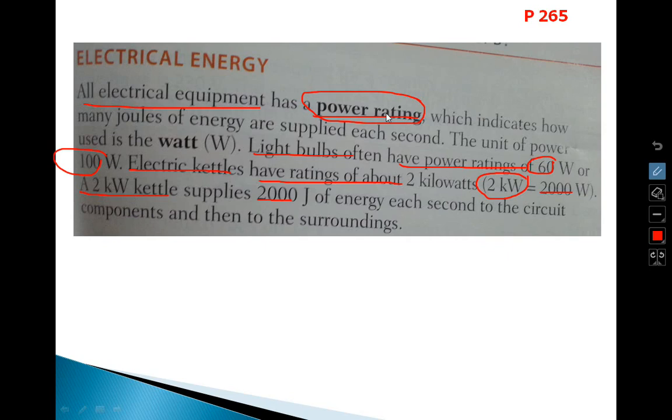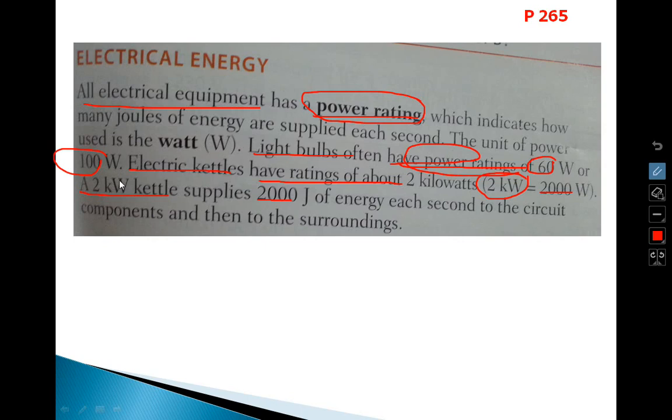So what do you mean by power rating? The power rating is an indicator of how many joules of energy are supplied each second by this electrical equipment. For example, a light bulb often has a power rating of 60 watt, 100 watt or 200 watt.